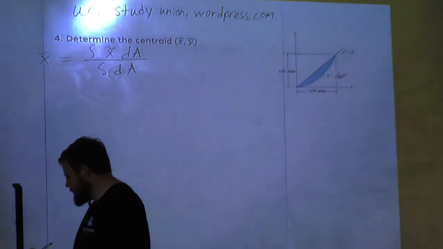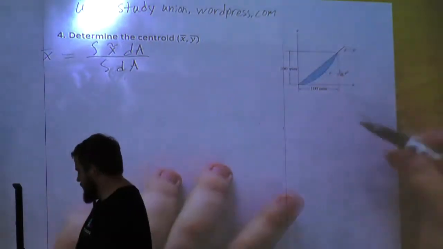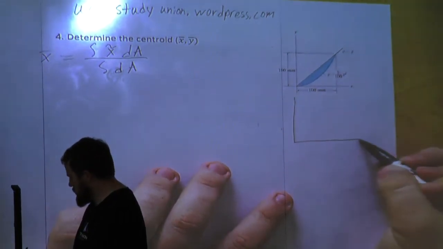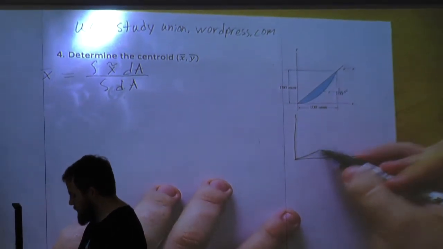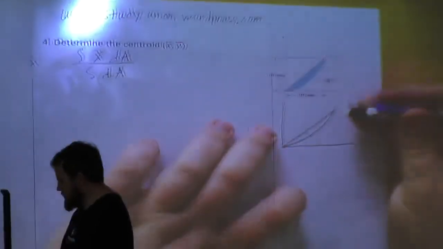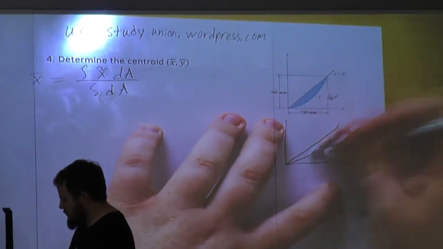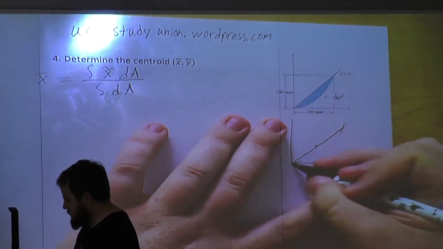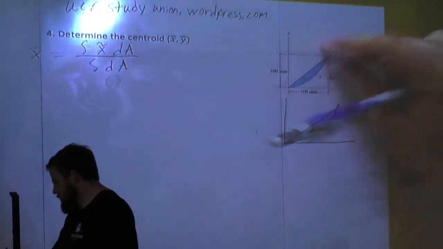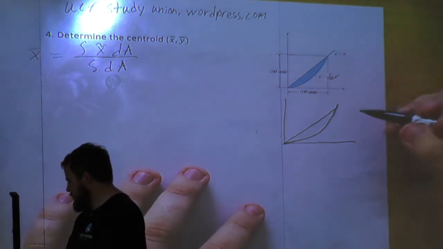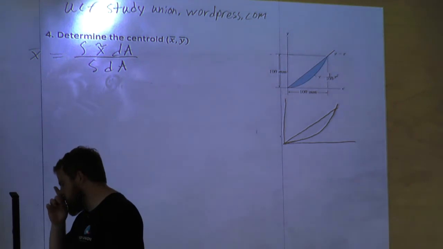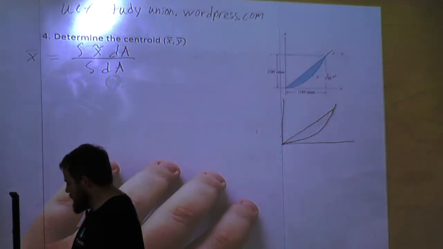So I'm going to draw the picture of what this should look like, essentially. Maybe I should make this fatter. Okay, that looks better. So our dx, this is the most important part, is figuring out what's the dx, what's the y. So we're trying to find dA.